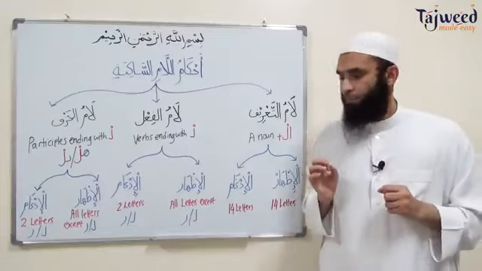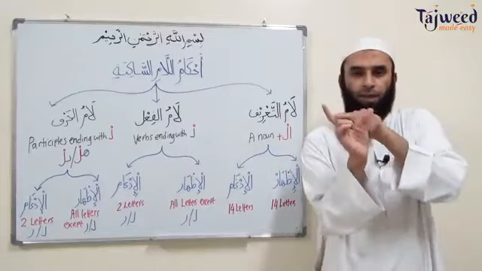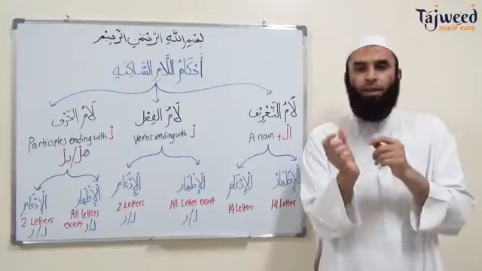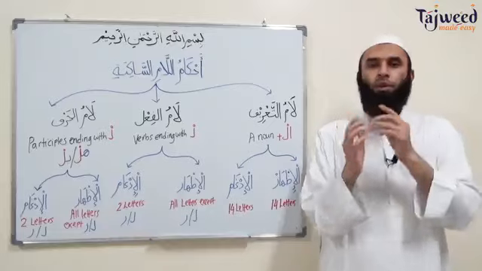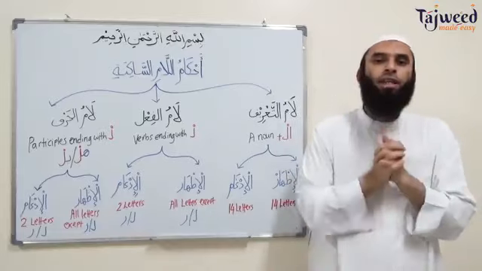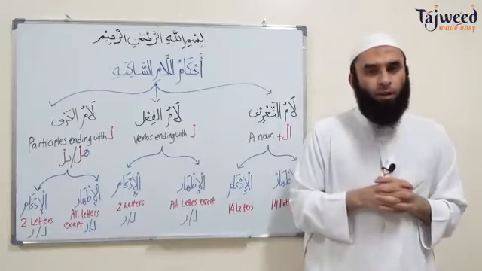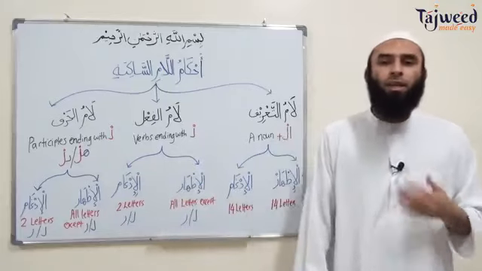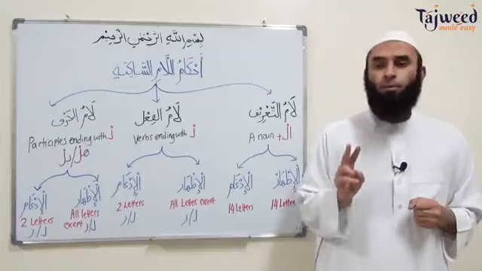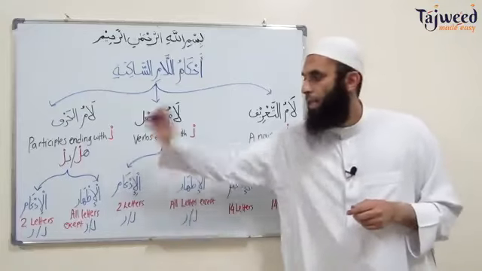But if there's a verb that ends with the Laam as-Saakinah and the following word starts with the Laam or Ra, then this Laam would merge onto the word that starts with the Laam and Ra. So two categories, al-idhar and idgham. Now participles likewise. In the Arabic language, there are only two participles that end with the Laam as-Saakinah. That's hal and bal.